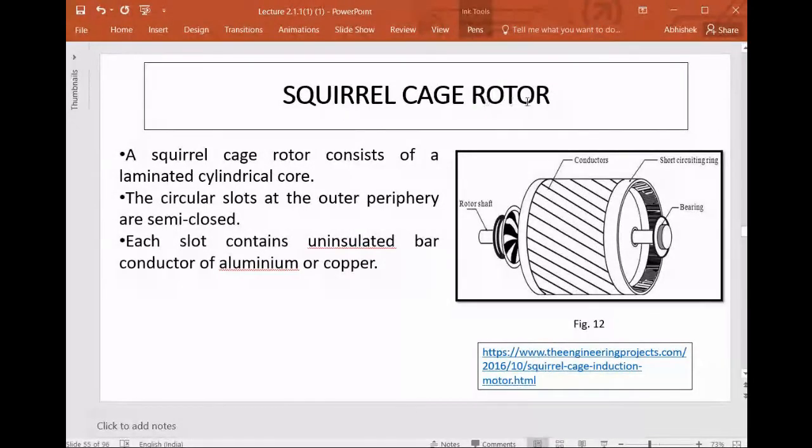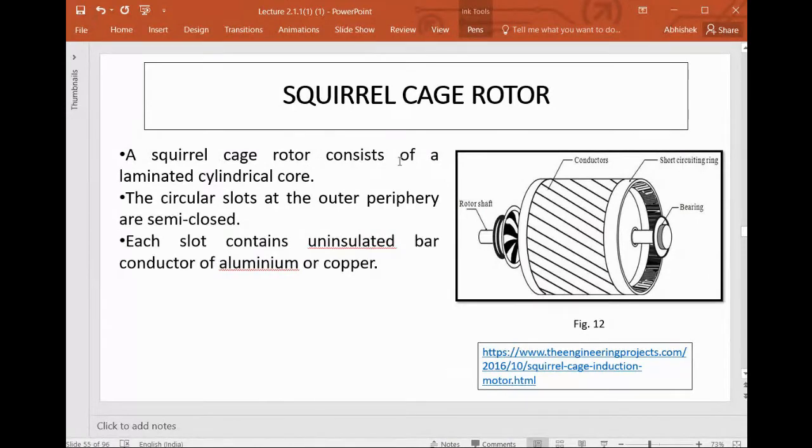Then this squirrel cage rotor, you have already seen this squirrel cage rotor. Here you can see the conductors you have to place parallel, and these conductors are shorted with the help of circulating end rings, and you have to connect some bearing with the shaft to rotate, and then the rotor shaft is connected with some fans to exhaust the hot air to the environment.